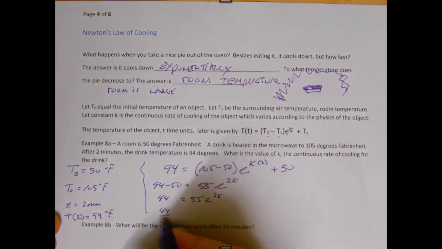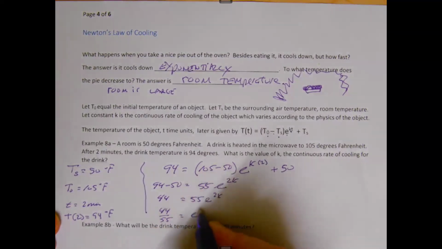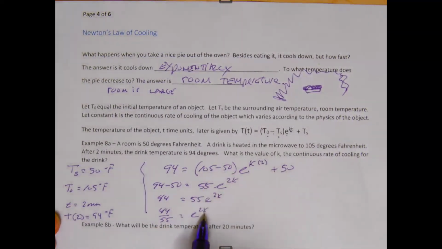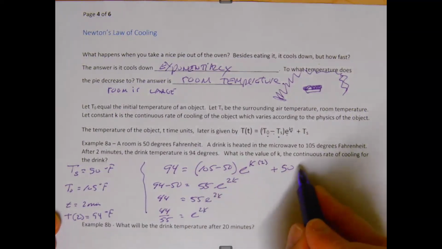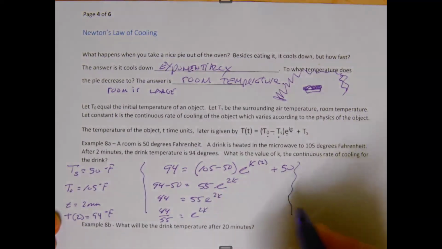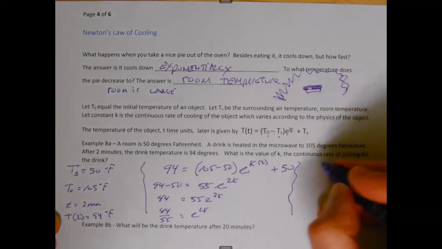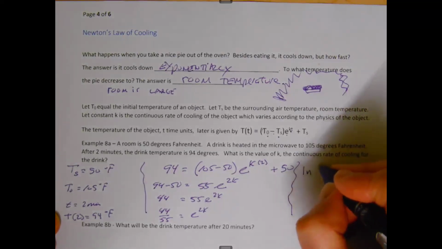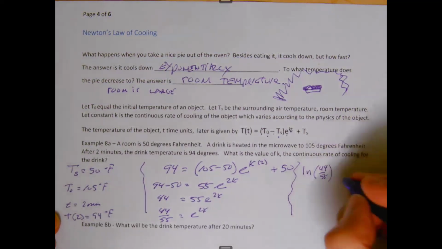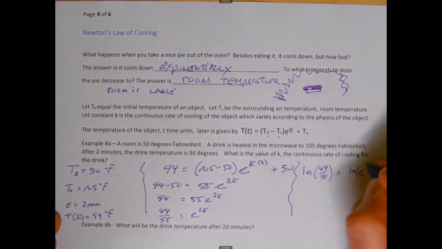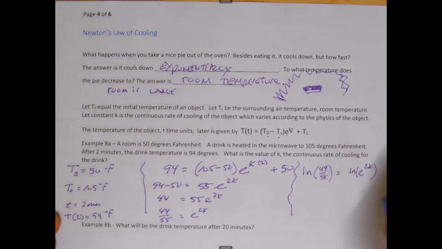So I'm continuing to solve. Now I have the variable k just sitting up there. That means I'm going to have to take the natural log of both sides to bring that down. I could take any log, but it makes most sense to make it natural log since the base here is e. Now these are inverse functions.